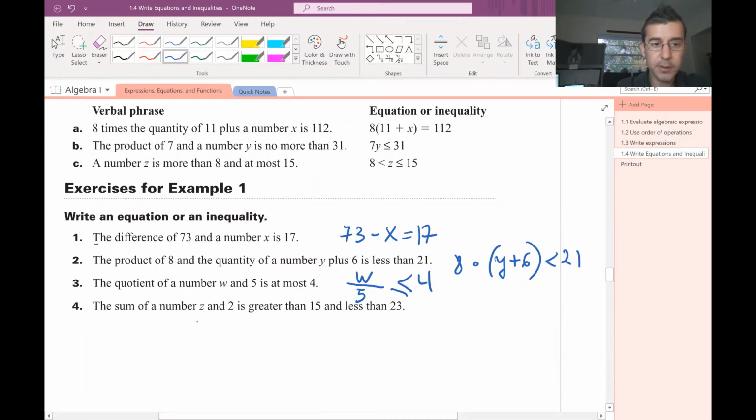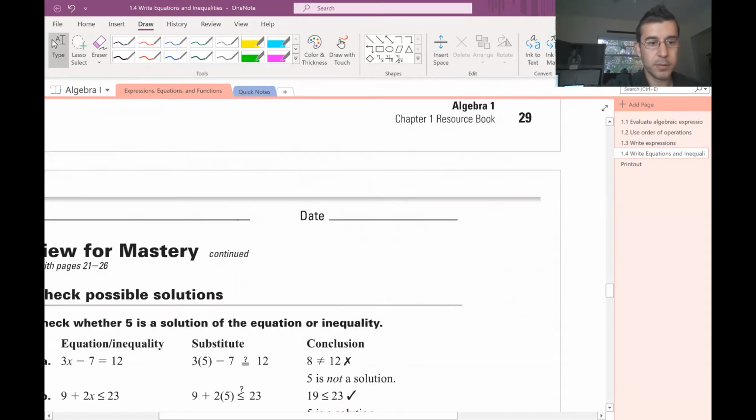The sum of a number z and 2 is greater than 15 and less than 23. Let's go to 5.